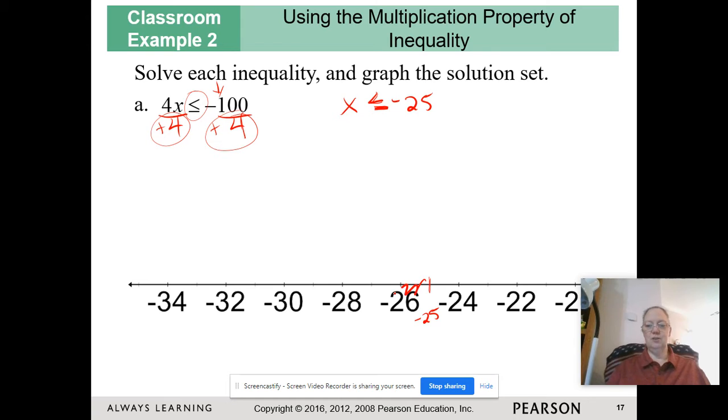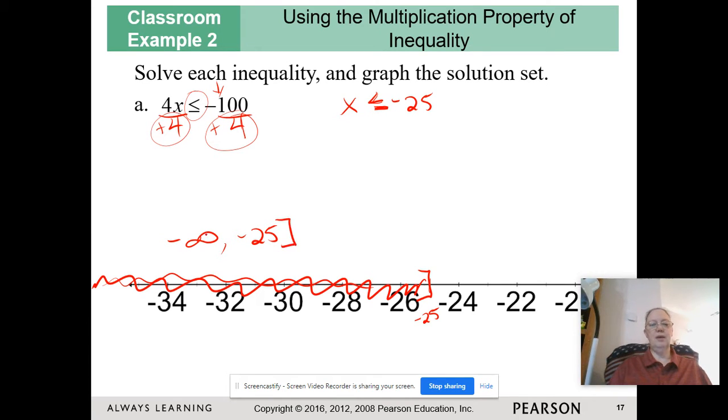And I'm going to shade to the left. And because it's equal to, I am going to use a bracket. And then for my interval, negative infinity, and it goes up to negative 25. The 25 has a bracket, and infinity always gets parentheses.